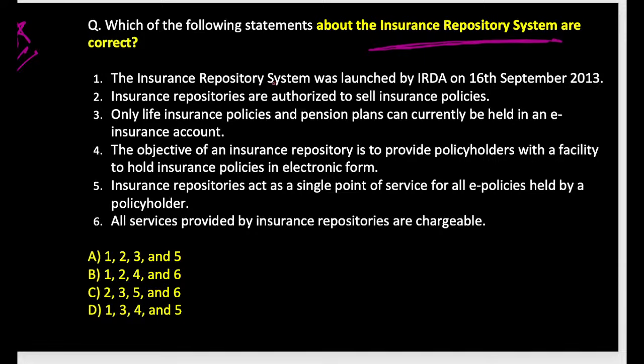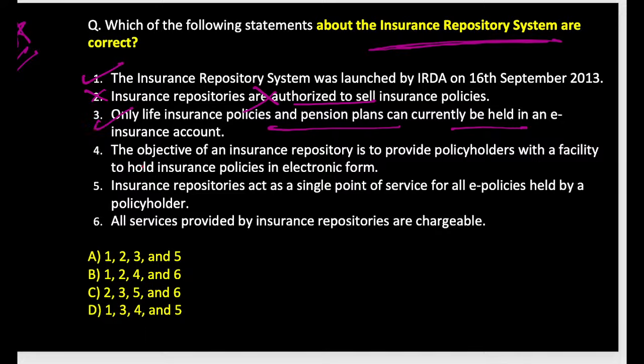The insurance repository system was launched by IRDA on 16 September 2013. Insurance repositories are allowed or authorized to sell insurance policies? No, they are not. This is wrong. Only life insurance policies and pension plans are currently held under this one. So this is also true.